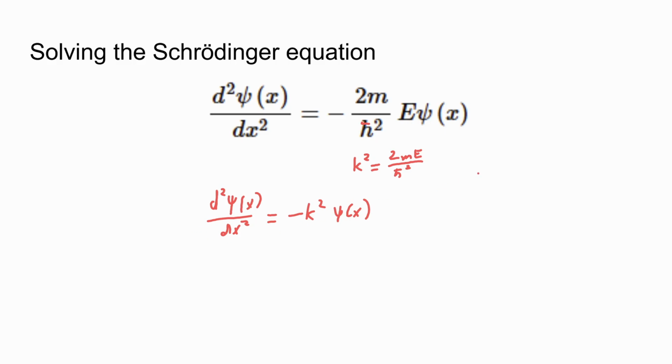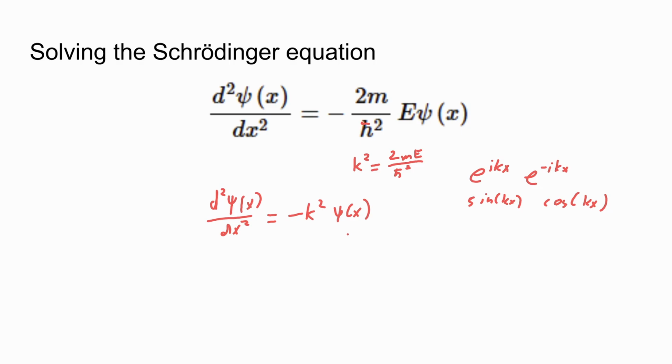There's only going to be four possible solutions: e to the ikx, e to the negative ikx, sine kx, and cosine kx. If you're not sure how these could be solutions to this differential equation, I definitely encourage you to just take the two derivatives of each of these, and you will see that this is going to be the case.